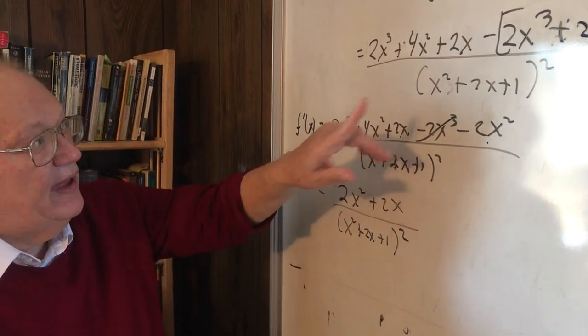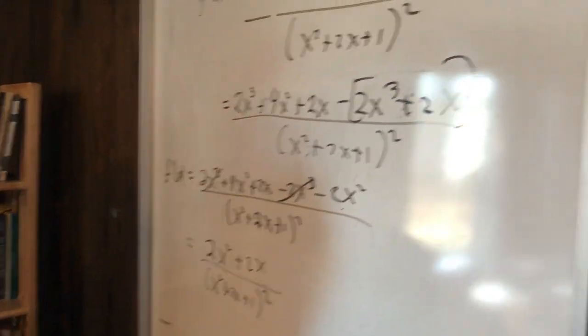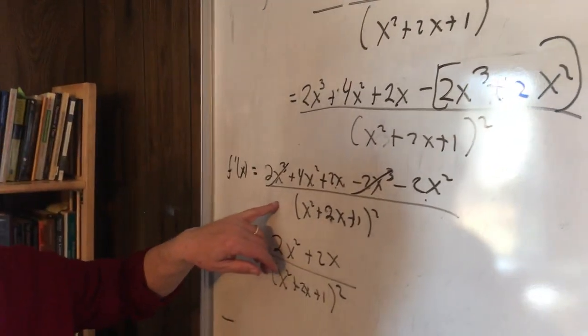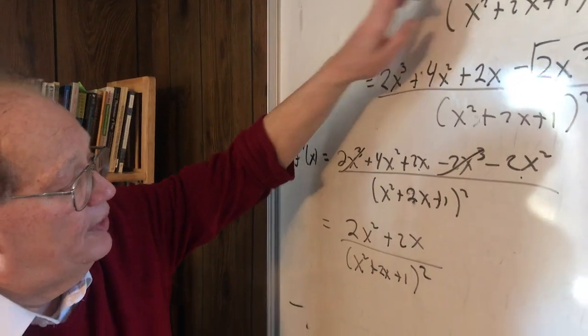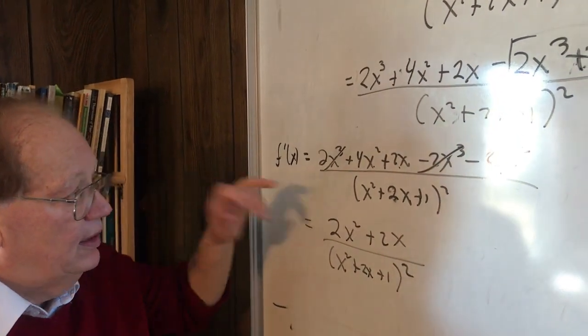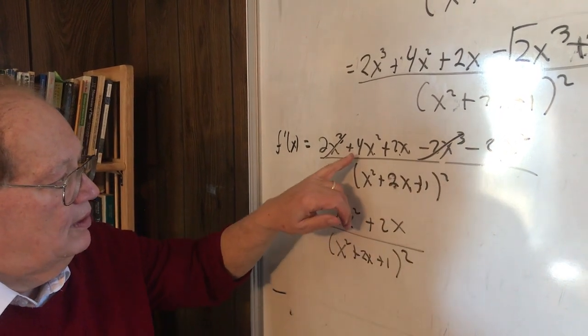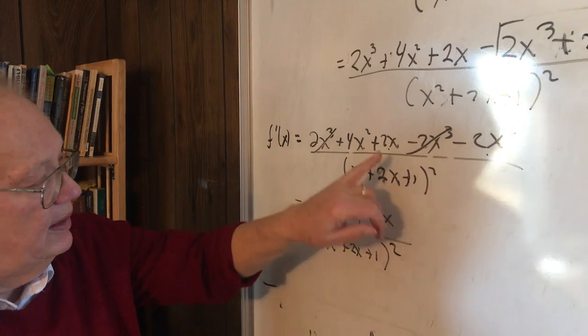And when I multiplied that out, I got 2x to the third plus 2x squared, which is correct. And when I subtracted 2x to the third, distributed that, 2x to the third plus 4x squared plus 2x, so we get 2x to the third minus 2x to the third, 4x squared minus 2x squared, and then 2x.